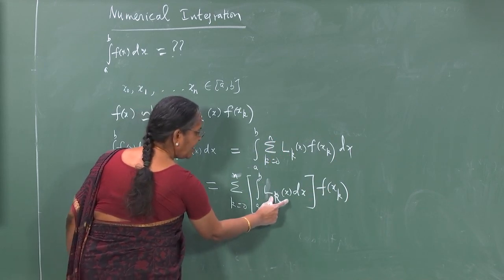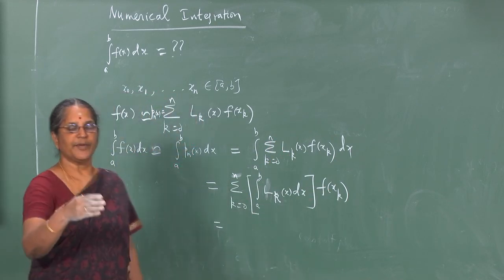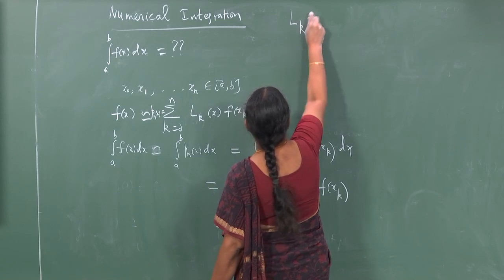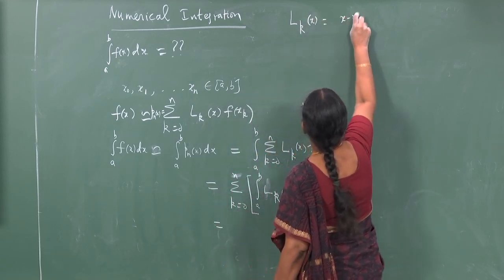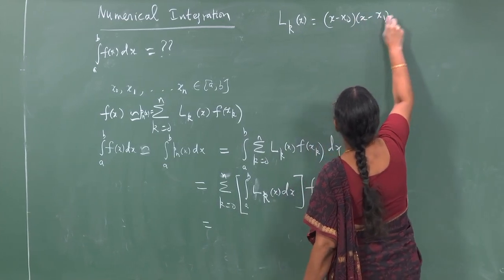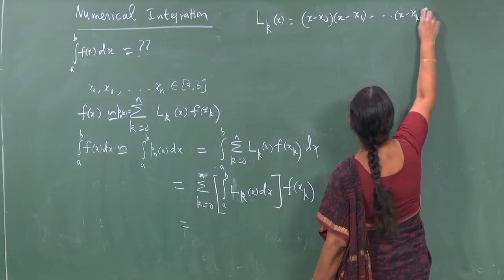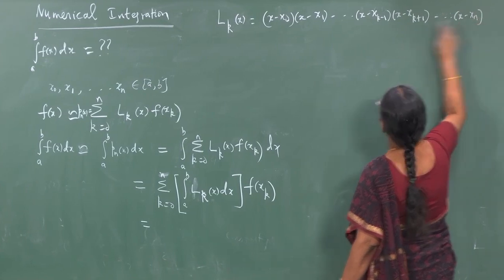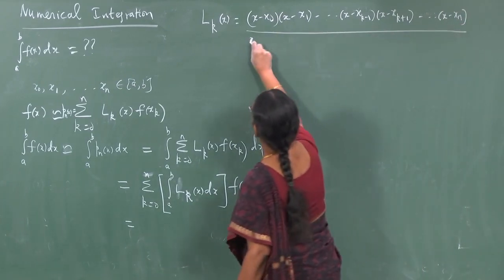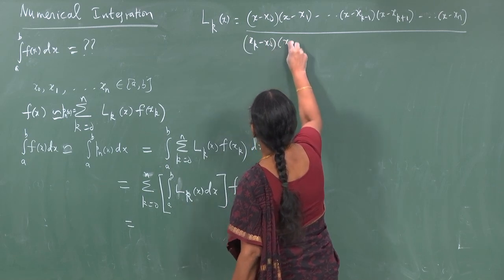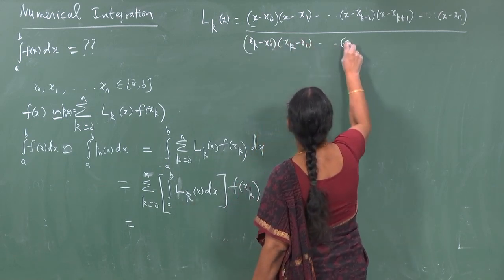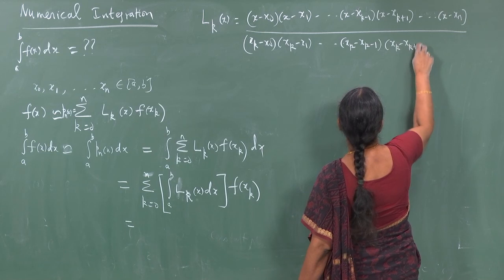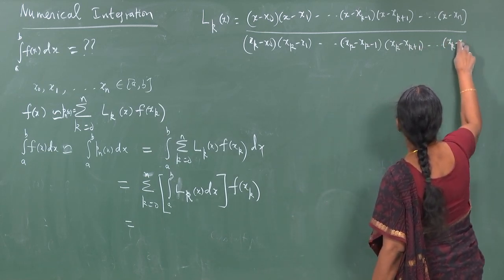So, what are these L k of x? They are all polynomials, we have already seen. L k of x will be equal to x minus x naught, x minus x1, etc., x minus x k minus 1, x minus x k plus 1 into x minus x n divided by x k minus x naught into x k minus x 1 etc., x k minus x k minus 1, x k minus x k plus 1 and so on, x k minus x n.